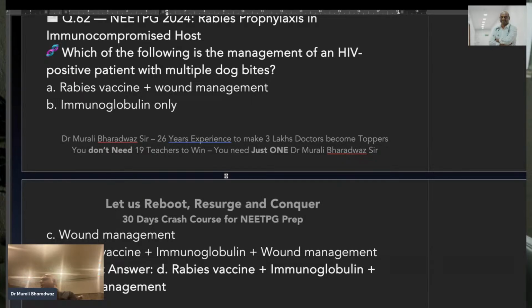It does not lead to any immunological memory. That is passive immunity. A lot of people think killed vaccine is passive and live vaccine is active, and that is wrong. Killed vaccine or live vaccine, both create immunological memory. That's the reason they both come under active immunity, which is what we need to remember.